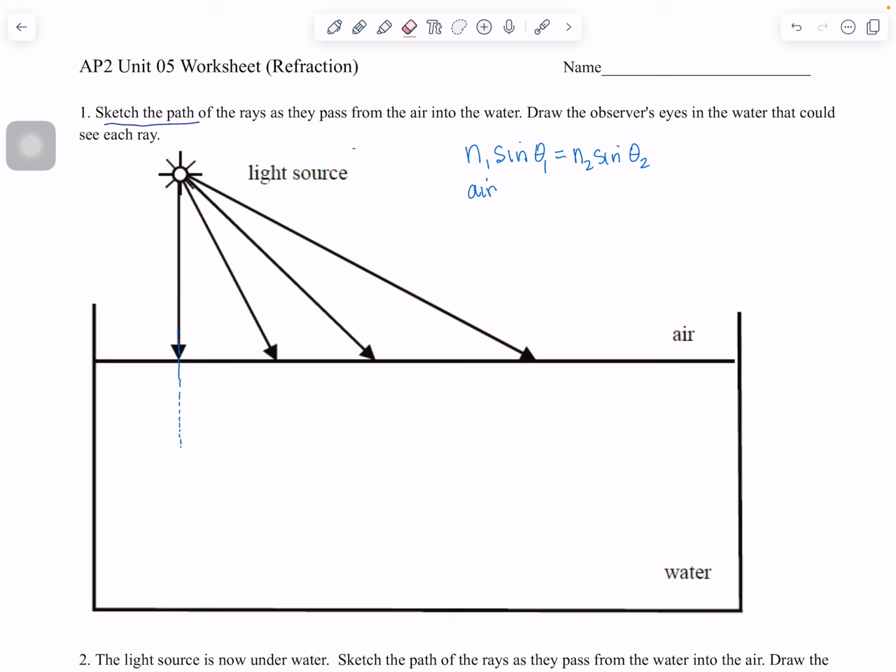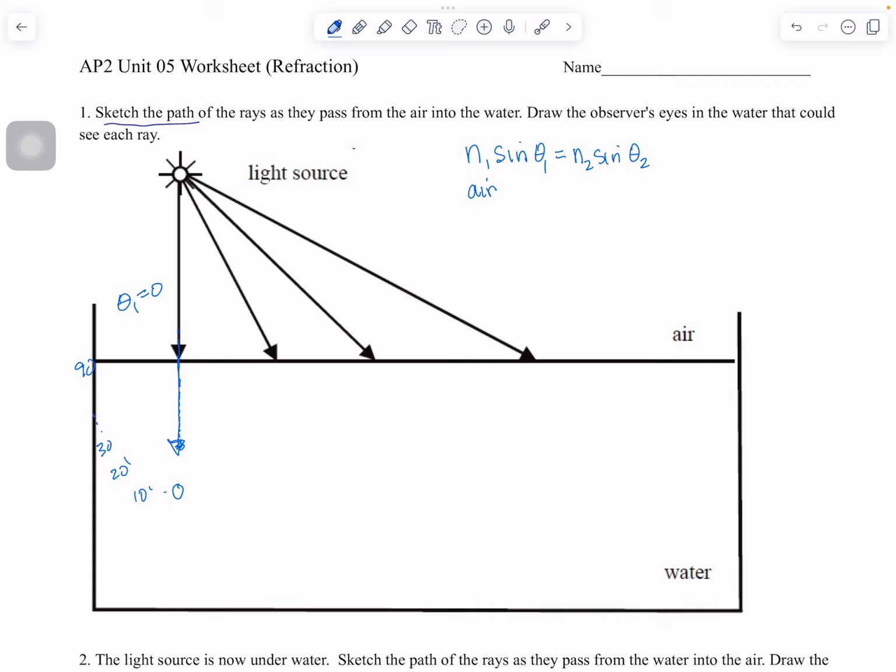The angle theta 1 is 0. Remember, when we're doing our protractor, we start with 0 and then go 10, 20, 30 and so forth down to 90, and same thing on the other side. So this angle theta 1 is 0, and the sine of 0 is 0. So there's no bend, and this ray just goes straight through.